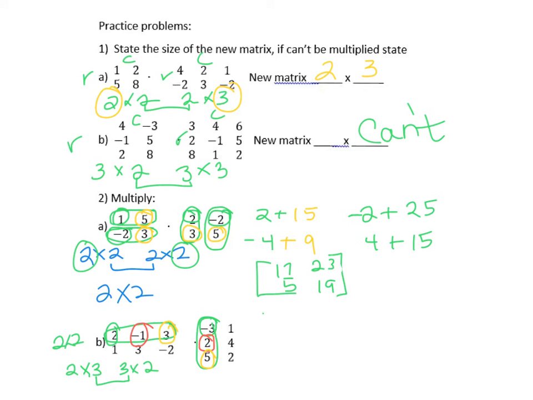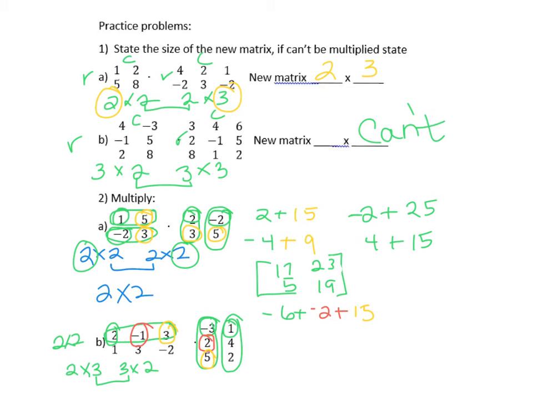Okay, so that gives me a negative 6 plus negative 2 plus 15. Okay, and I'm going to jump to the second column and do the same thing.